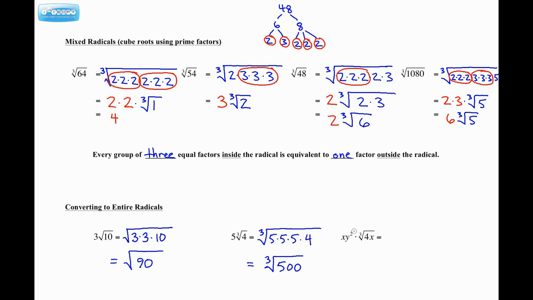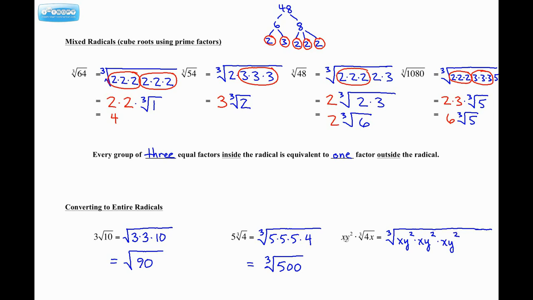Well, the same principle applies. Okay? For every xy squared that is outside, we need 3 of them inside. So I'm just going to write 3 of them. So this is the cube root of xy squared times xy squared times xy squared.